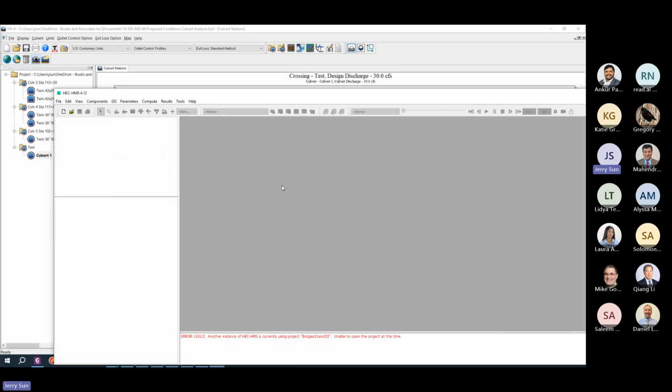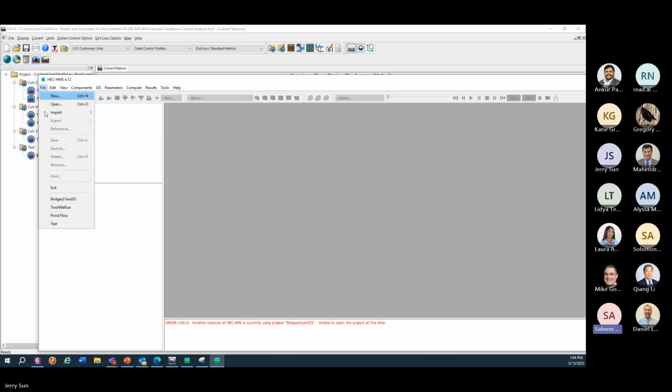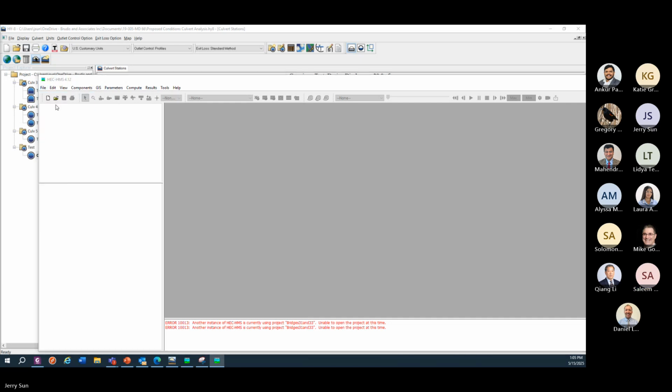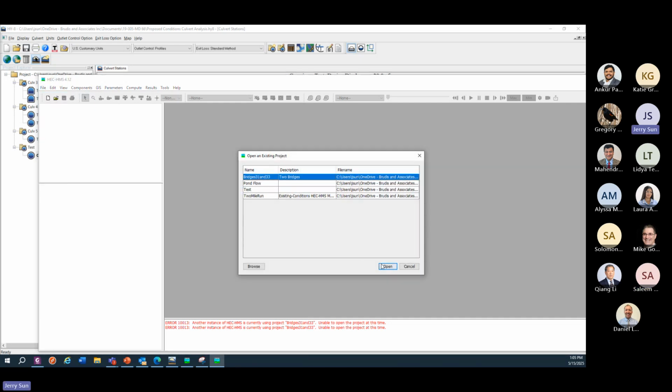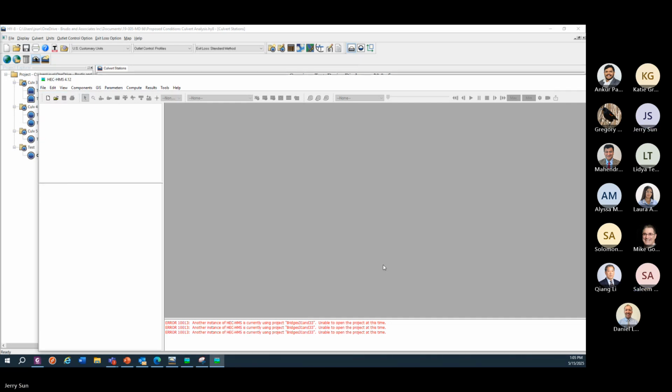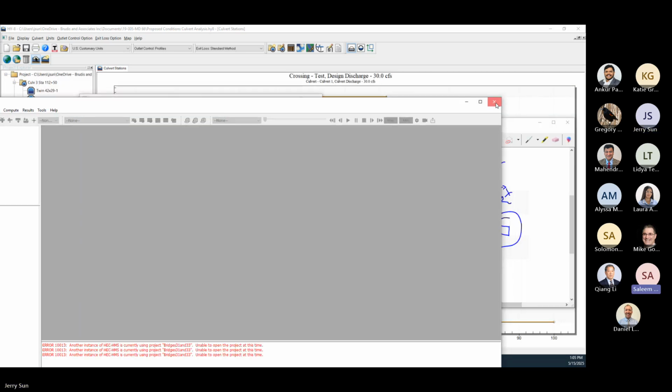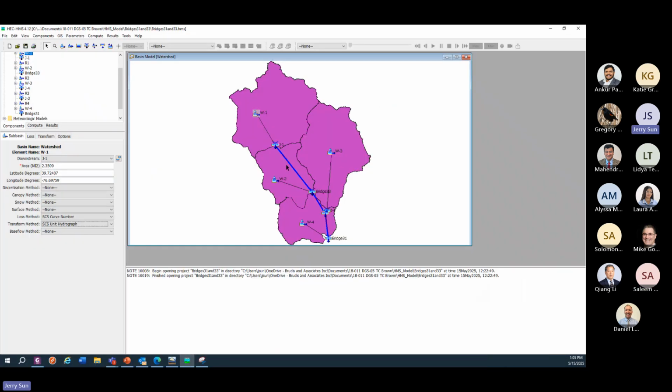So I'd like to have a little discussion on this one. What happened? Oh, we already opened it. The file is gone? No, not the file, it was already opened. Oh, okay, we duplicated the open. It doesn't want to open duplicates at the same time. Good job.